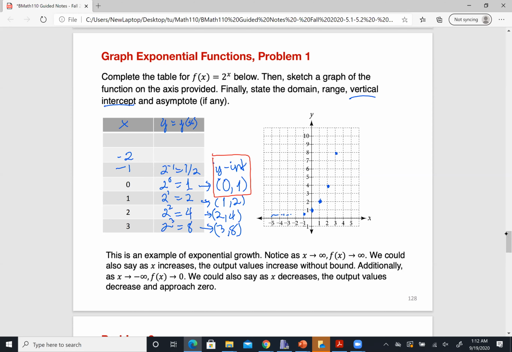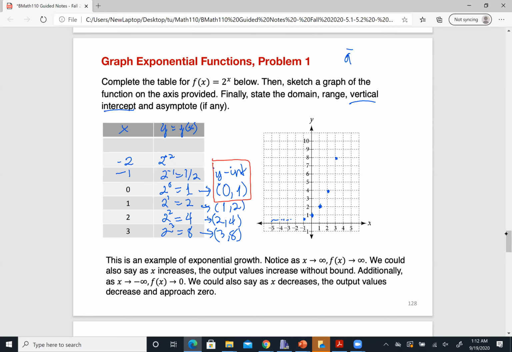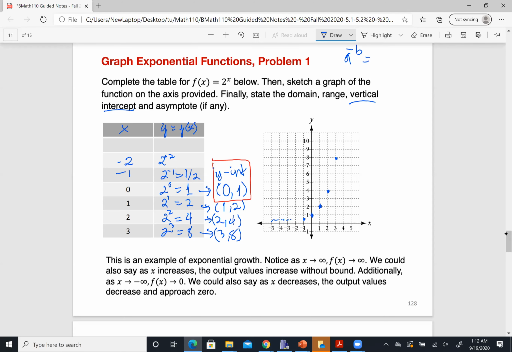Let's see. So I have 2 to the power -2, and if you remember, a to the power -b will give you 1 over a to the power b.